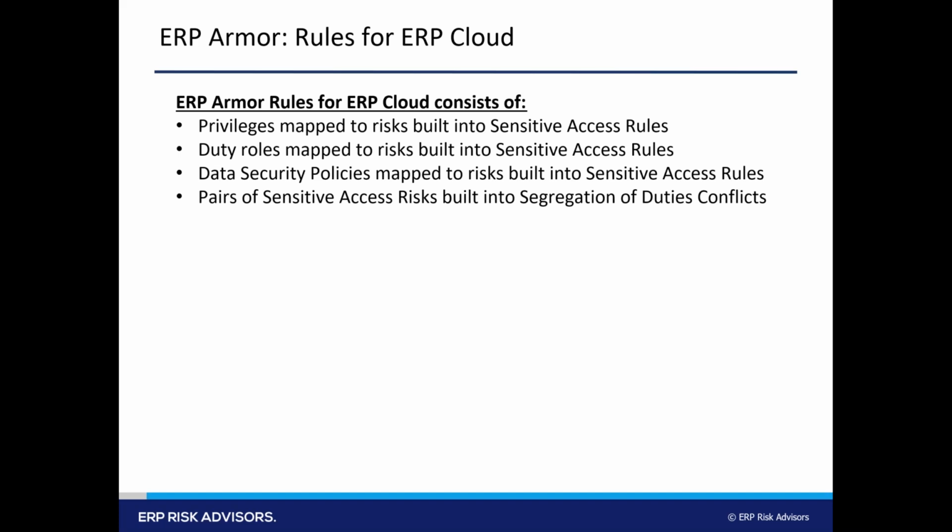So effectively what we've done through the subscription of ERP Armor is we've productized into a fairly cost-effective annual subscription that gives you updates on a recurring basis as the applications are patched. So for ERP Cloud, there's 4 patches a year.